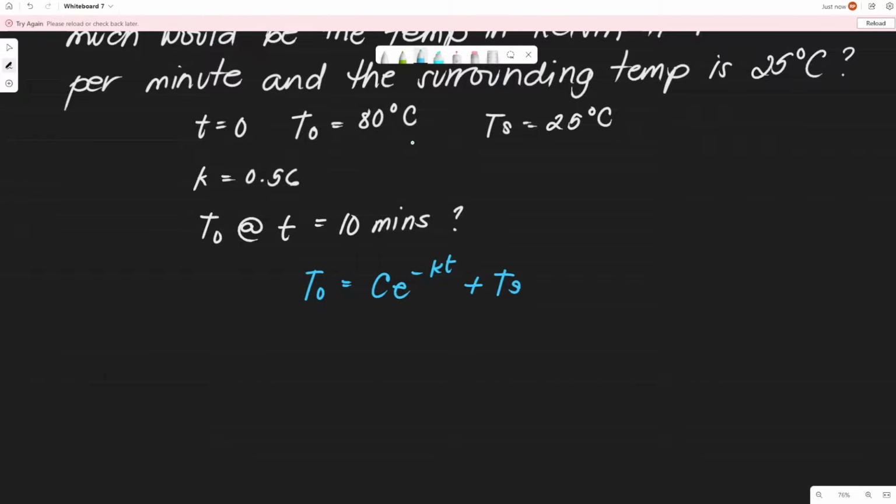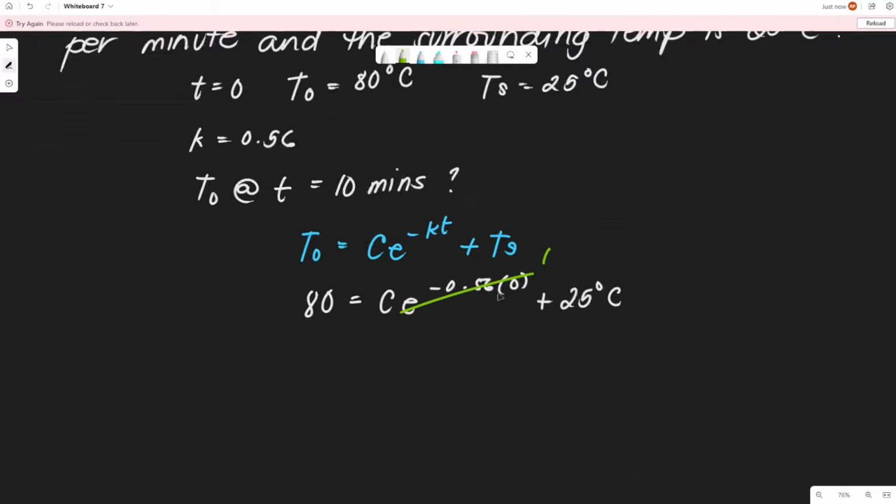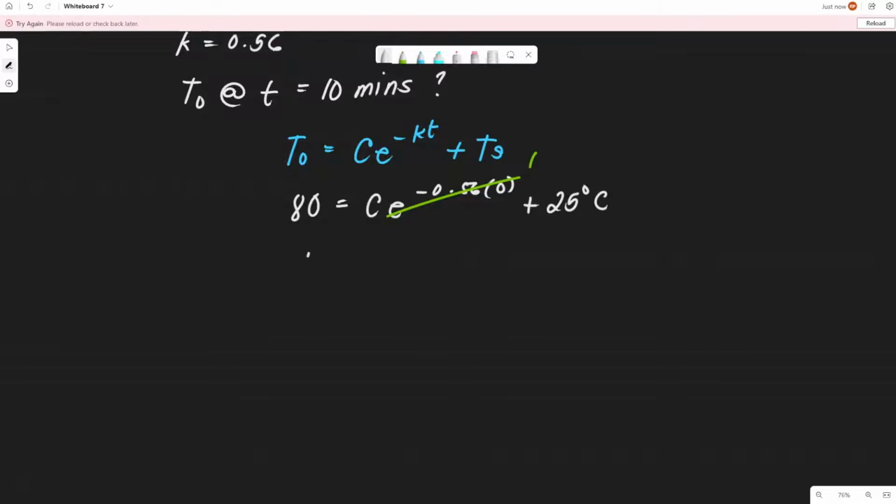At time 0, T sub O is 80, which equals C e raised to negative 0.56 times 0, plus 25 degrees Celsius. The exponential term cancels, so this will just be 1. C is equal to 80 minus 25, which is equivalent to 55.